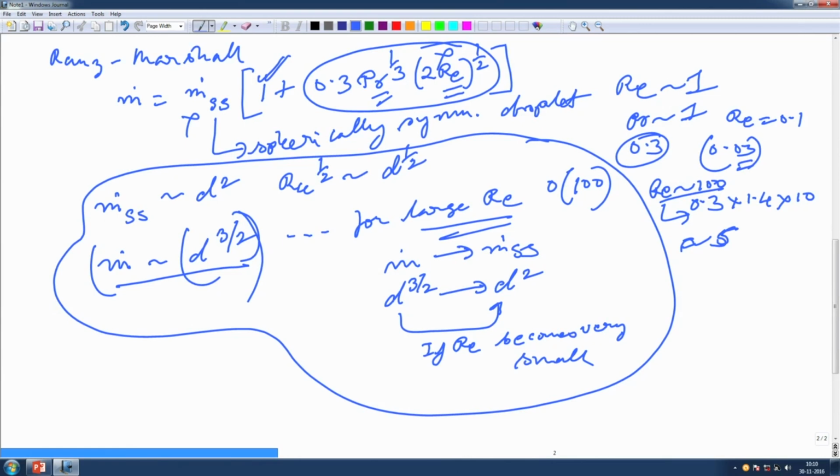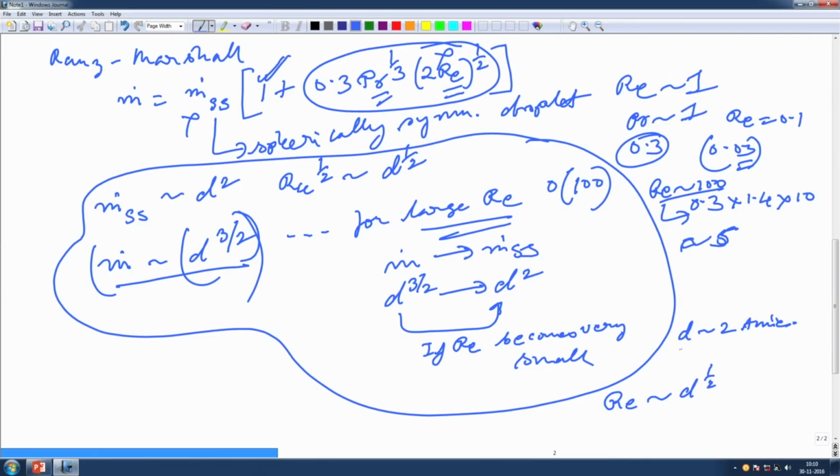in many practical situations the Reynolds number remains high for most of the droplet lifetime. Can you guess why? There is another trick to the whole thing. Reynolds number as we know is a function of the droplet diameter raised to the power of half. So, if the droplet mass reduces by 8 times, say for example, the actual diameter reduces by only 2 times approximately.